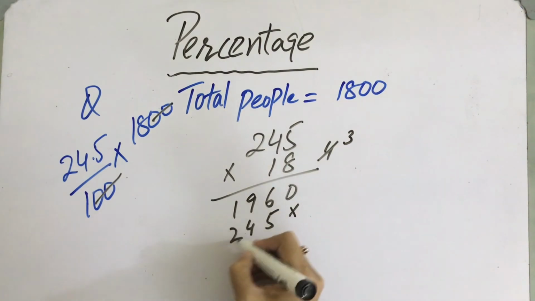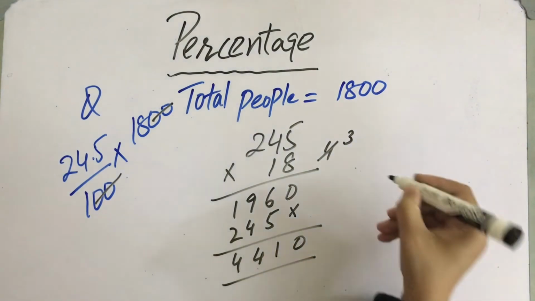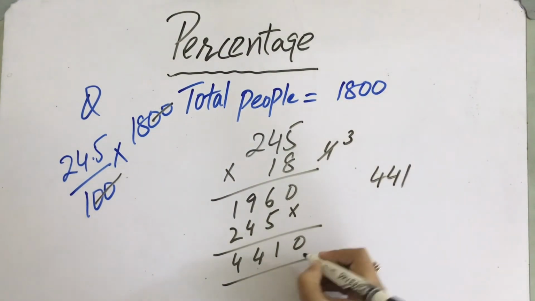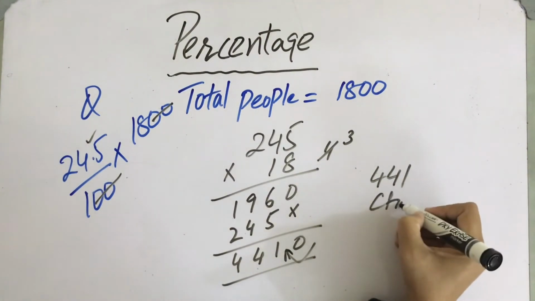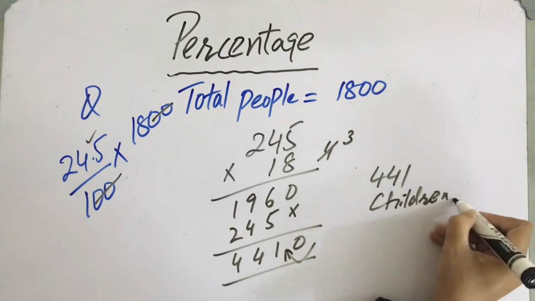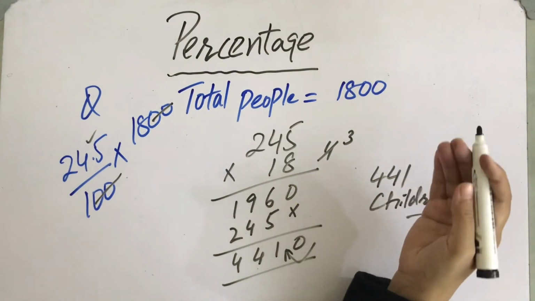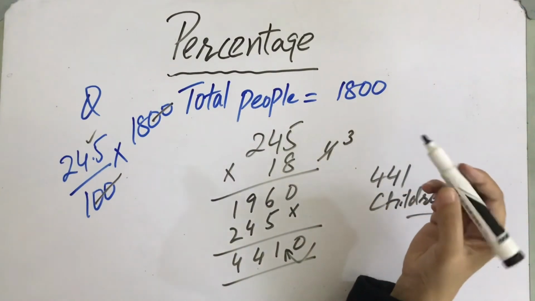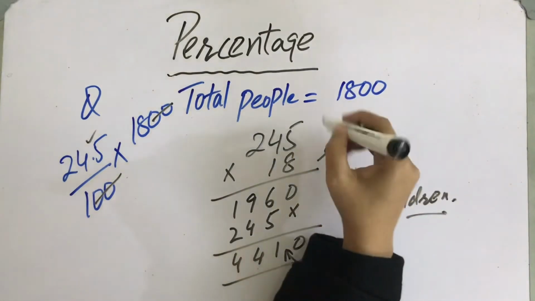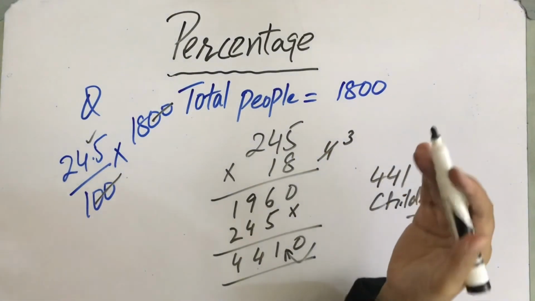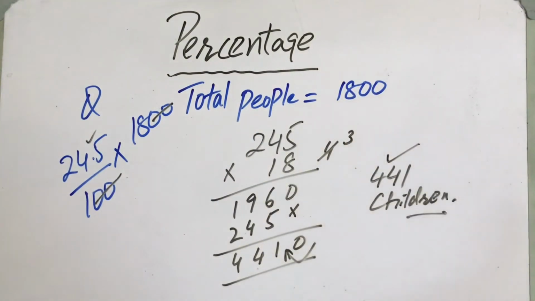After doing the usual multiplication, I have 4410. It is 441. After putting this decimal, there were 441 children who attended the dinner. There is another way to find the answer. If we find 40% of the total, these are women. Then find 35.5% of the total, that is men, and add the number of men and women and subtract from 1800 to get the same answer.